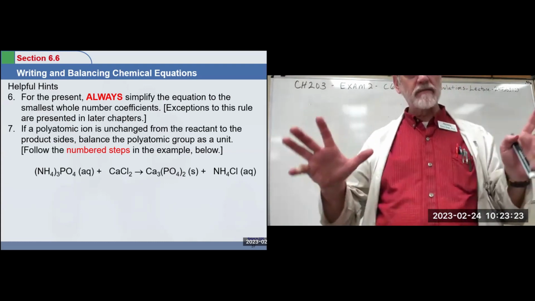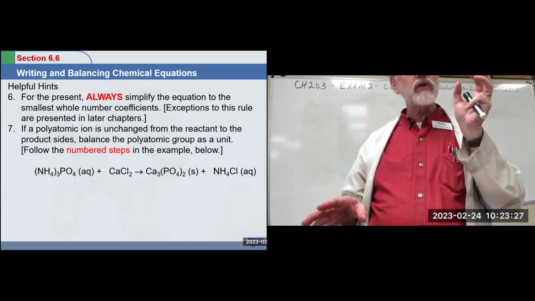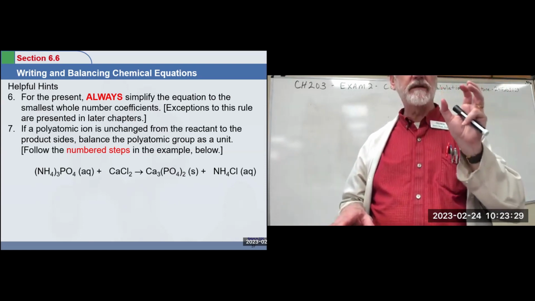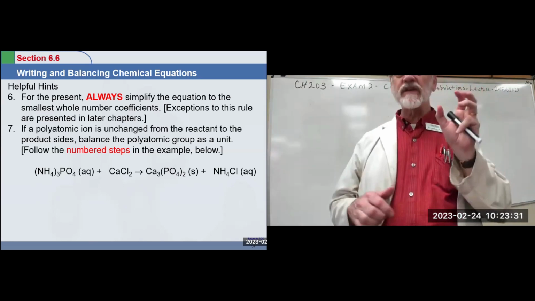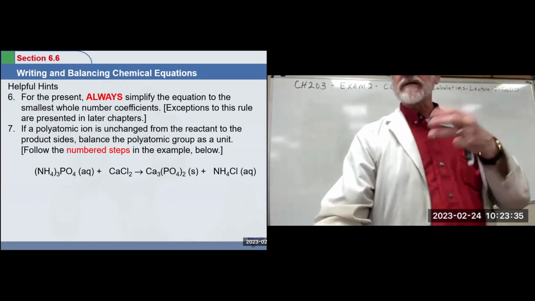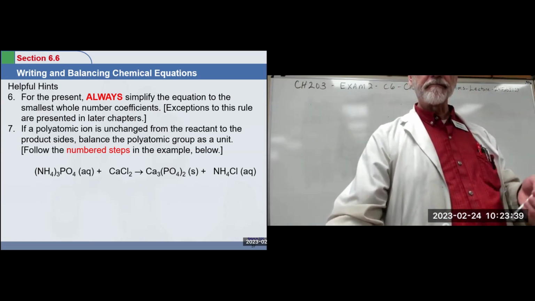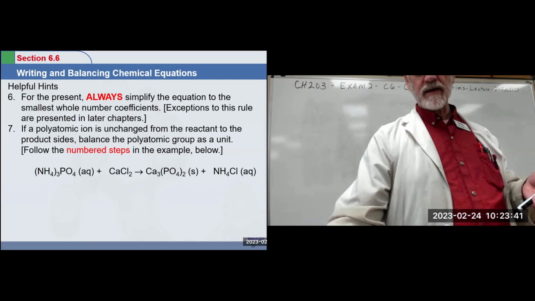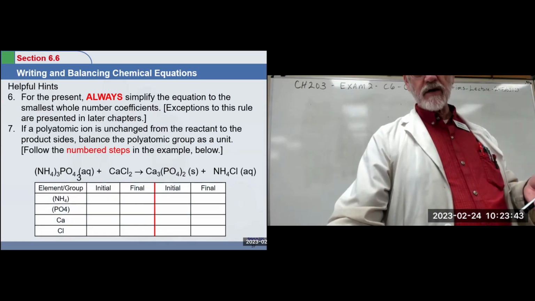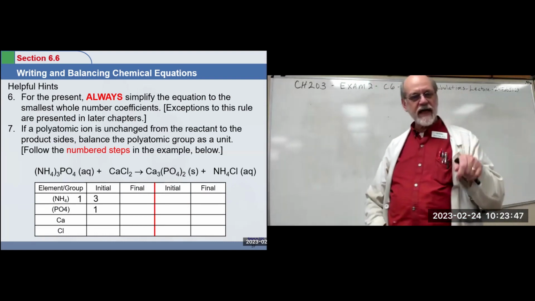It didn't break apart, right? The nitrogen and the hydrogen are still together. You can use that as a balancing unit. Rather than put the individual elements, you can save yourself headache by just using that ammonium as a balancing item in your budget. Phosphate's the same way. So I've set it up down here. Notice that there's ammonium, phosphate, calcium, and chlorine.